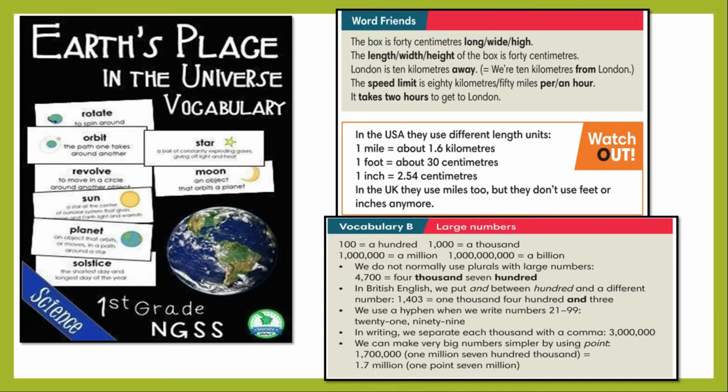But if you go to the United States, you must get accustomed, because the United States has different length units: 1 mile, 1 foot, 1 inch. So what is 1 inch? 1 inch is equal to 2.54 centimeters.